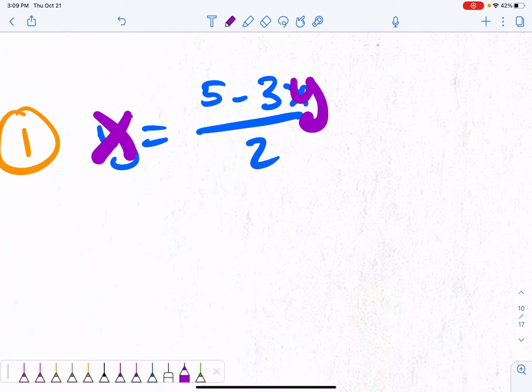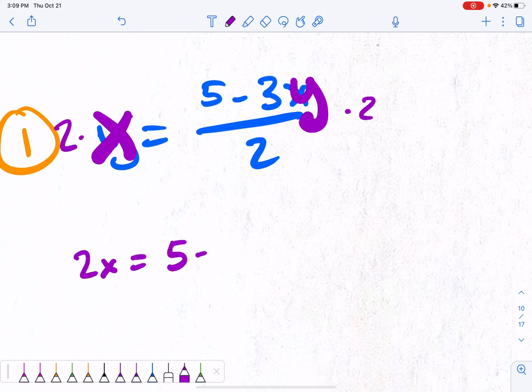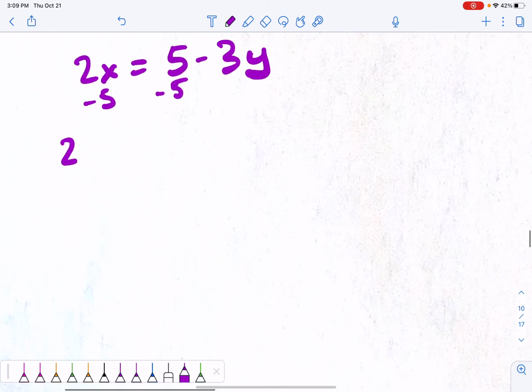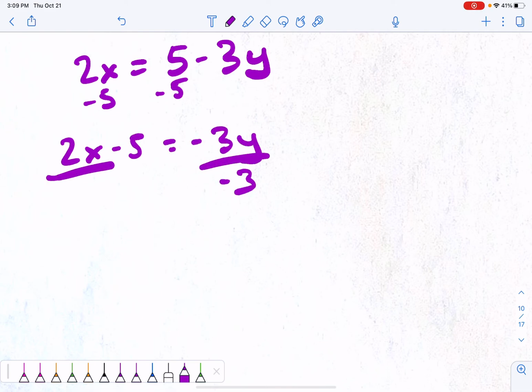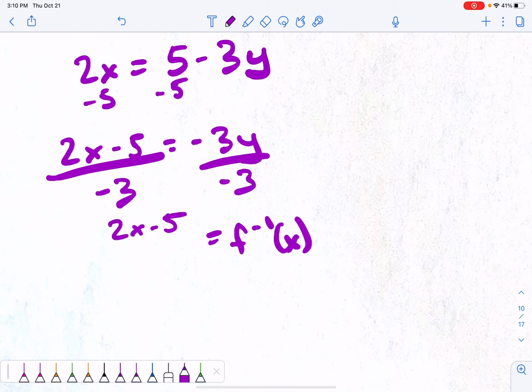So let's multiply the 2 over to start with. So 2x equals 5 minus 3y. I'm going to subtract the 5. So 2x minus 5 equals negative 3y. Divide by negative 3. And we have that f inverse of x is equal to 2x minus 5 over negative 3.